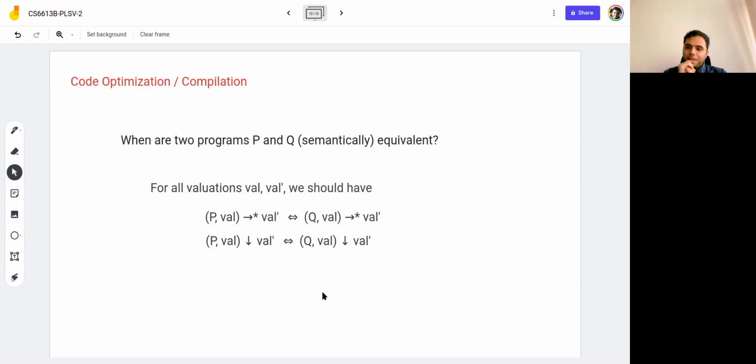Yes. So it basically doesn't say that you have to have exactly the same type of choices. What it says is that if the first program starting from this valuation has a number of non-deterministic choices that leads it to terminate in this other valuation, then the second program should also have that, and vice versa, right? But is this enough?